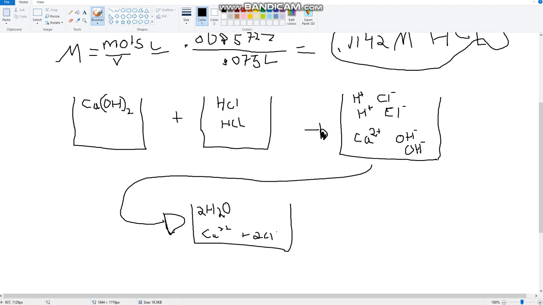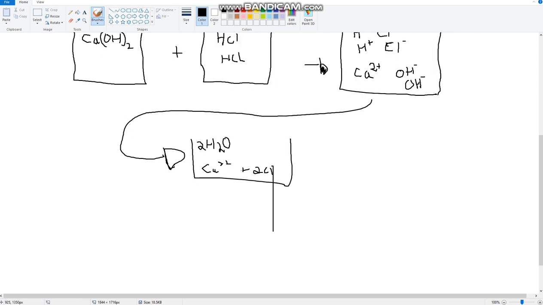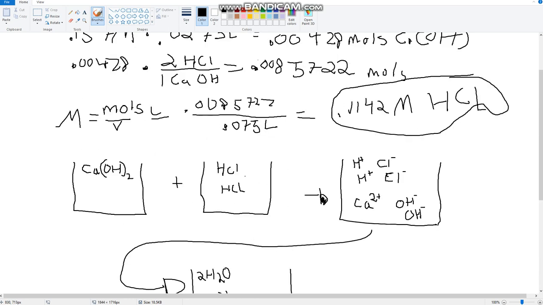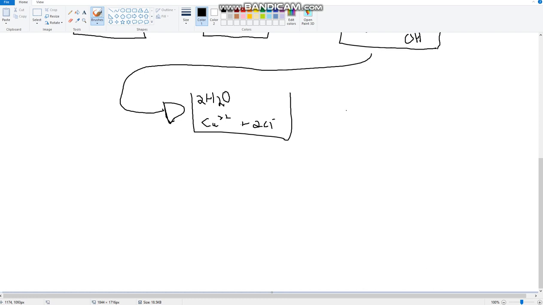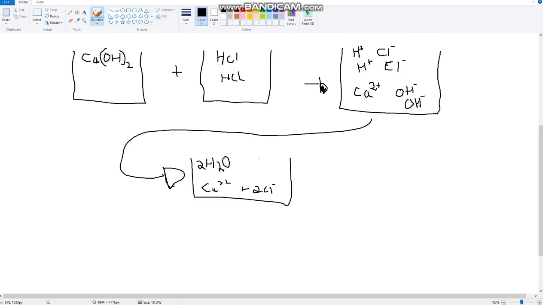There will be spectator ions just floating around, not doing anything. And this is the equation, or a graph, better said, a visual of how it can be made. So that's a visual to represent how to get the answer.